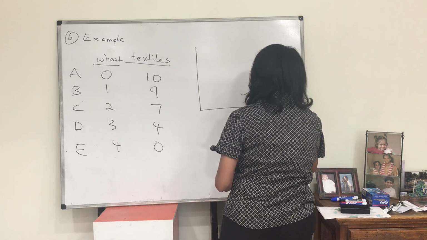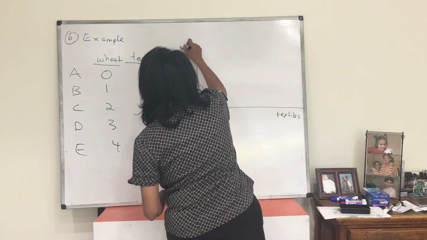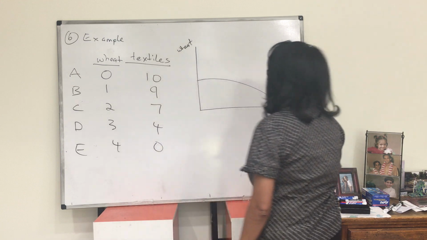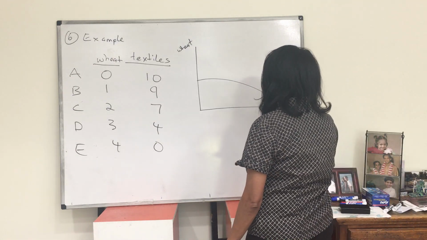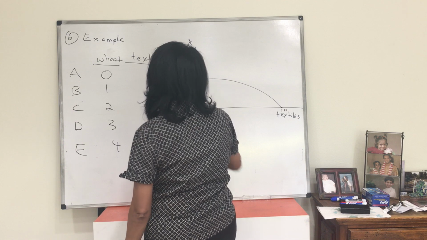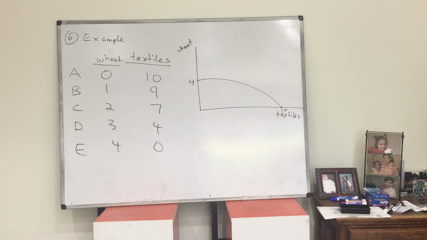So maybe you can put textiles here, and you can put wheat here, and if you were to plot the points point by point, you should get a concave looking graph, where this point here should be 10, and this point here should have been 4. But if you plot it point by point, you should get not a straight line, but a concave looking graph.